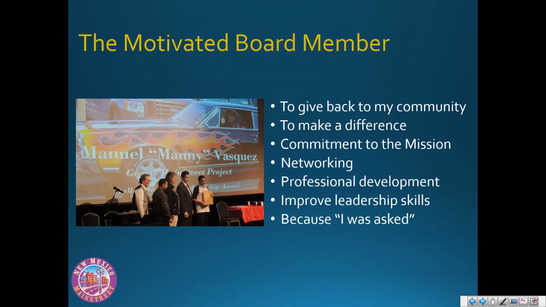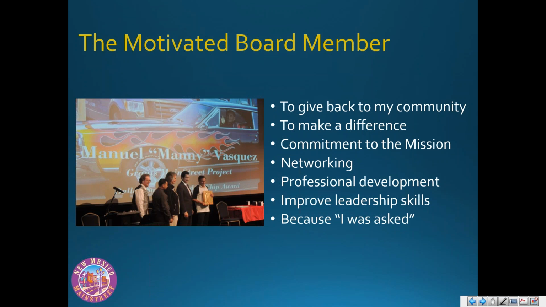We do see in Main Street communities some individuals that join the board as their entry into public service. And so, you know, there's some pros and cons around that one, but we have a number of city councilors and mayors that really got their start in board engagement through a Main Street program.